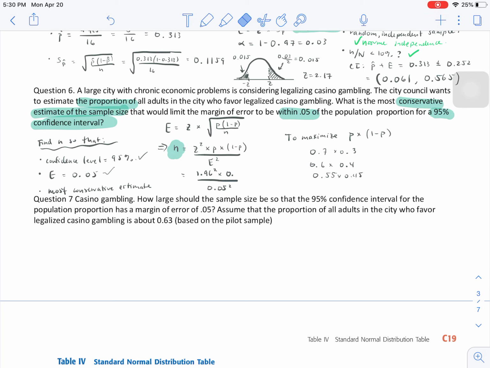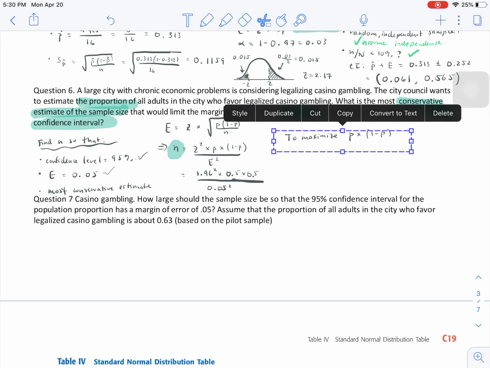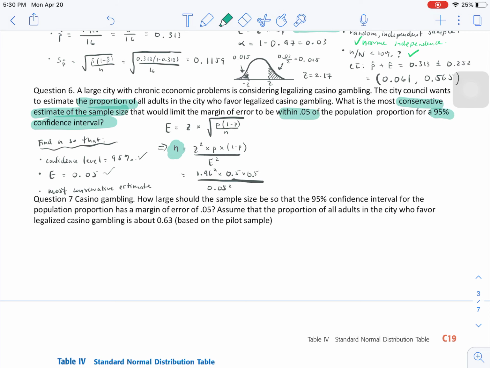What you'll find is that the value of p that maximizes that is 0.5. And 1 minus 0.5 is 0.5. So in other words, I was instructed to make the most conservative estimate of our sample size as possible. I want to pick more people than necessary, as many as possible, given my confidence level and margin of error.